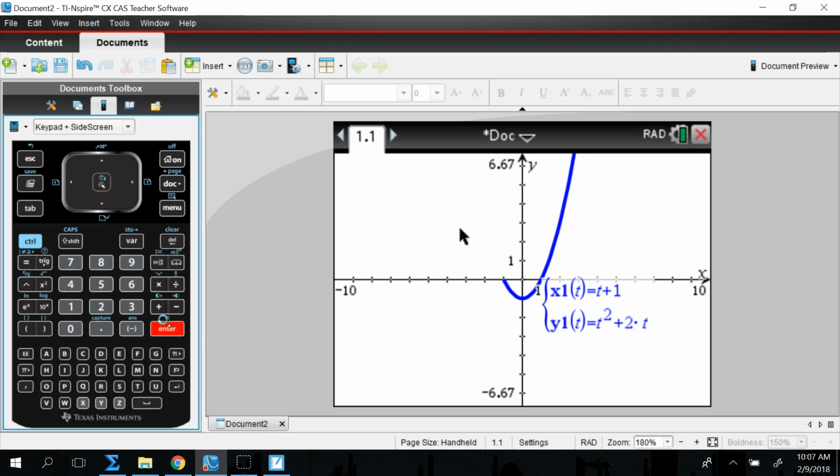What's the downfall with this one? Can't see the whole thing, right? Because I'm only going up to 6.7, and according to my chart, at t equals 2 it's at 3 comma 8, which is off of this graph, and at 4, it's at 15. All right, 4 comma 15.